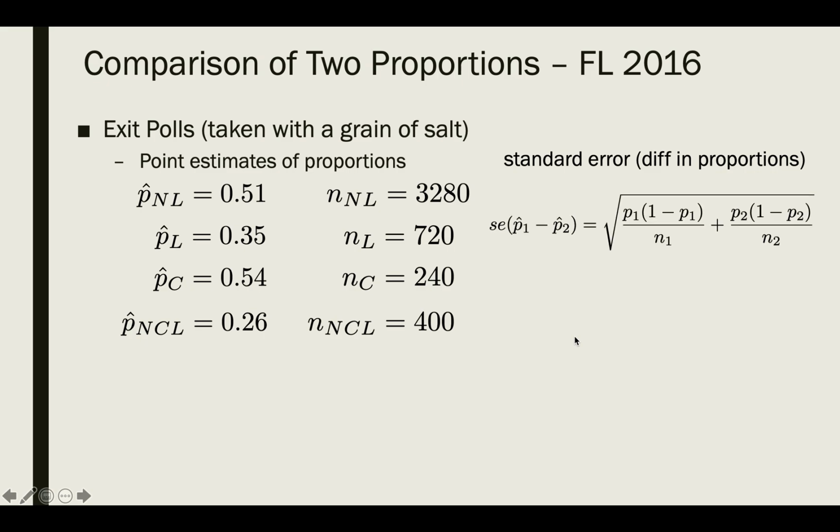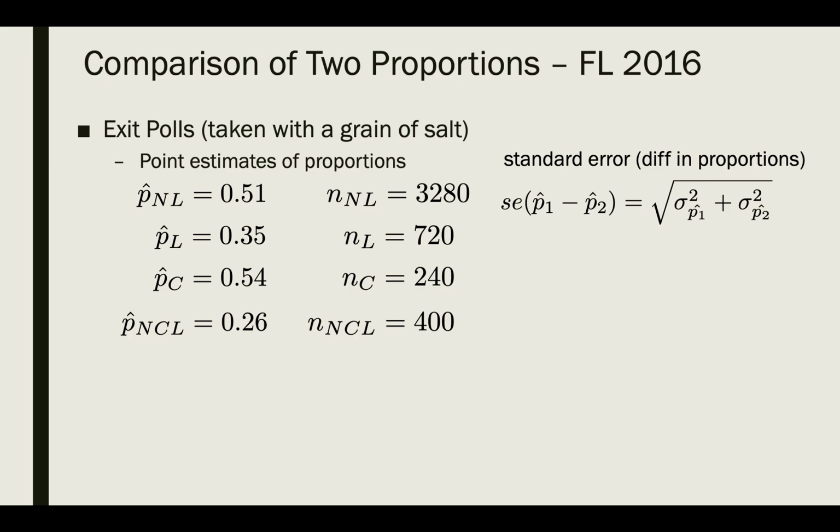So, yeah, we want the standard error for the difference in proportions, right? So there's a standard error, which is to say the standard deviation in the sampling distribution for the statistic that we care about.